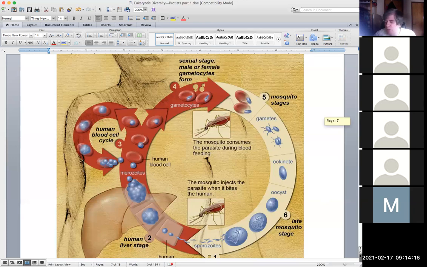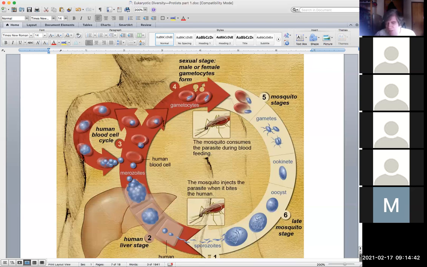So when we look at these organisms, keep in mind that, like a lot of other protista, these are good examples of something whose biology is very different from human biology. So this is another reason why trying to fit everything into the kind of processes that we see in human biology doesn't really work.